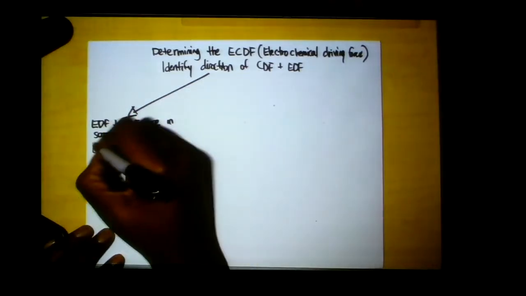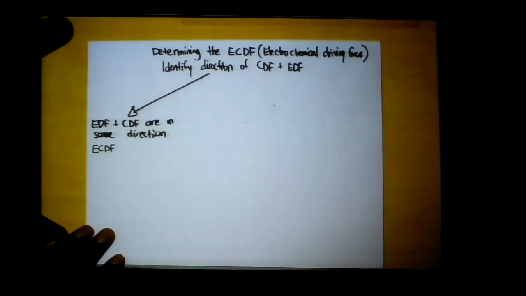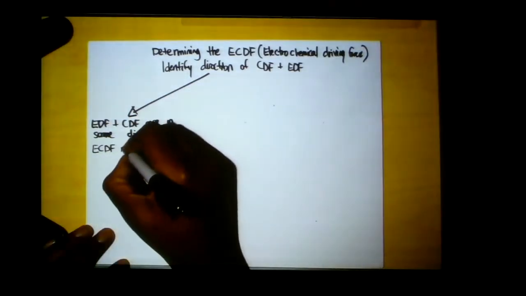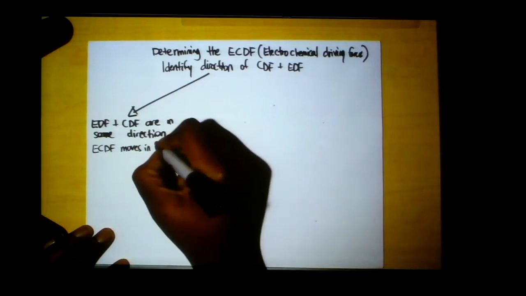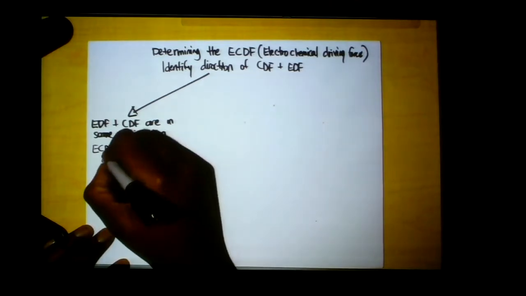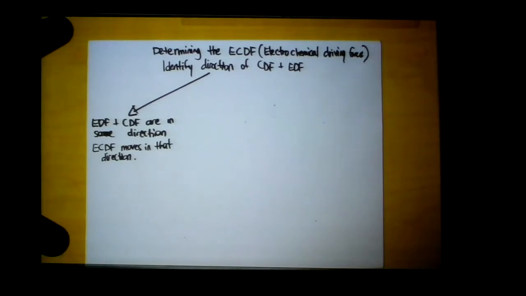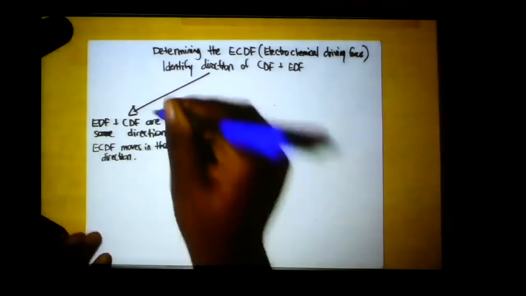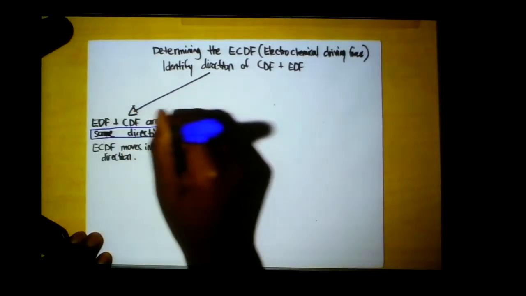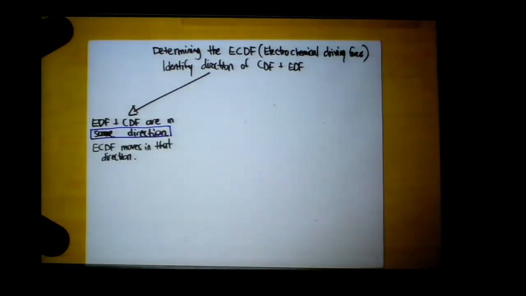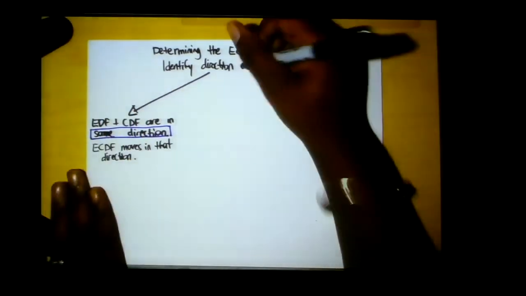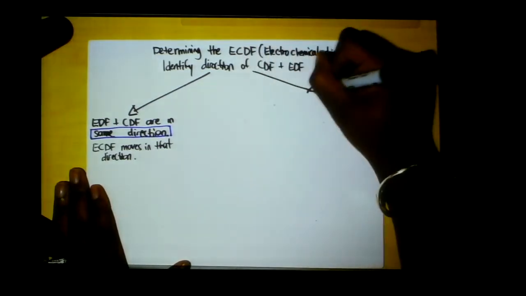And so the ECDF, combining those forces, moves in that direction. So this is that first nice, easy scenario. These forces are acting in the same direction. Now, if they're acting in opposite directions, it gets a little bit more complicated.